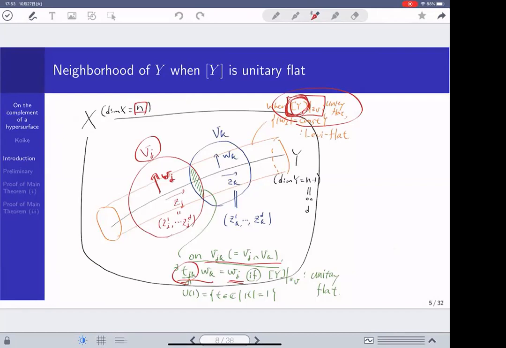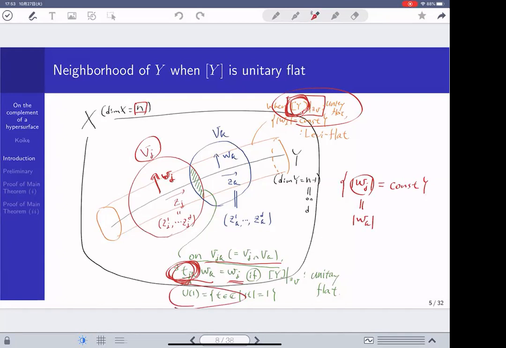So, let us consider the subset defined by modulus of Wj being constant. Actually, this one is equal to the modulus of Wk because the difference can be written by using a unitary constant.